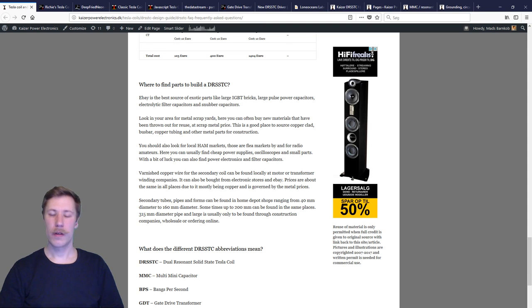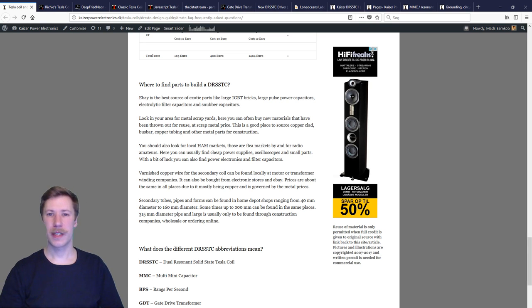Other than that, if you're looking for acrylic, copper clad, copper wire and so on, I also really do recommend eBay. This is a great way of finding internationally best priced components. I have often seen that locally, materials in Denmark cost 3-4 times more than I can find them for on eBay from, for example, Germany, England, actually the whole of Europe, as we do not have any tax barriers, so that's also a good market to shop in.